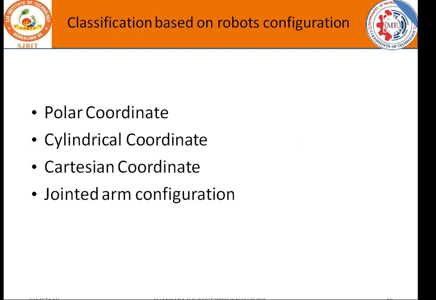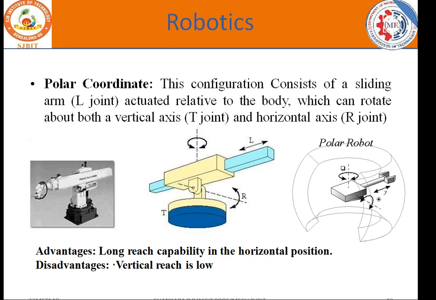Classification based on the robot: polar coordinate, cylindrical coordinate, Cartesian coordinate, and jointed arm configuration. The polar coordinate robot has rotations at 2 joints and 1 linear motion. The work volume of the polar robot is clearly defined, and beyond the defined work volume the robot cannot move.